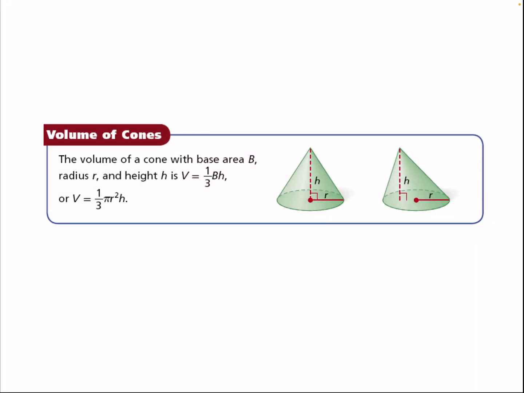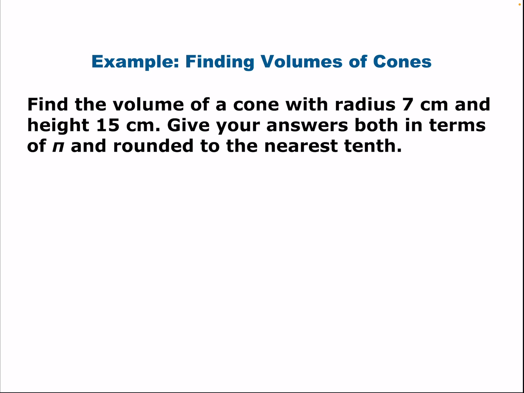All right. So let's do some volume of cones. Find the volume of a cone with radius 7 centimeters and height 15 centimeters. Easy enough. Gives me the radius and gives me the height. We're going to do this in terms of pi. So it's 1/3 times pi times the radius squared, radius is 7, height is 15.